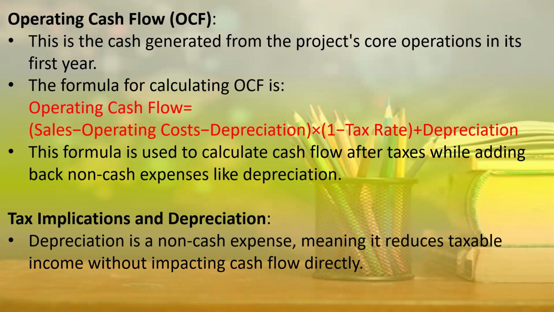What are the tax implications of depreciation? As I mentioned, depreciation is a non-cash expense, meaning it reduces taxable income without impacting cash flows directly. That's why we add it back.